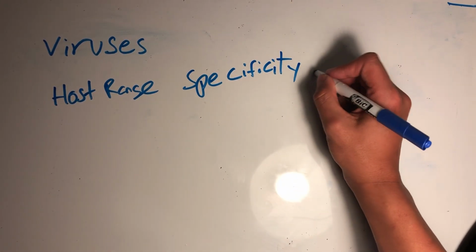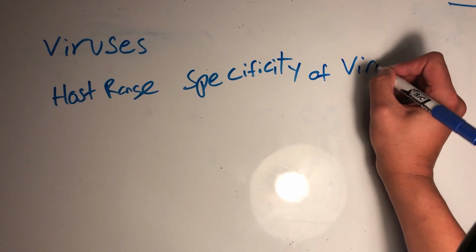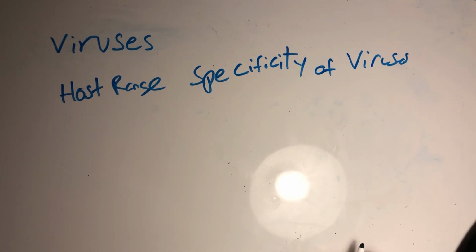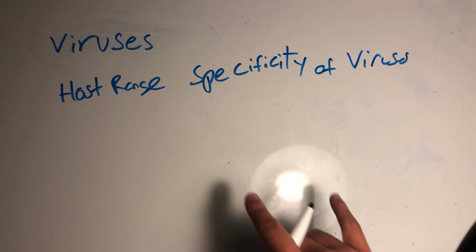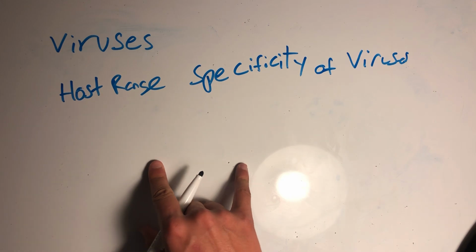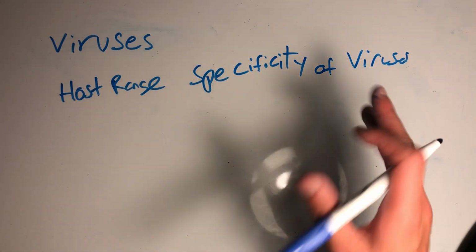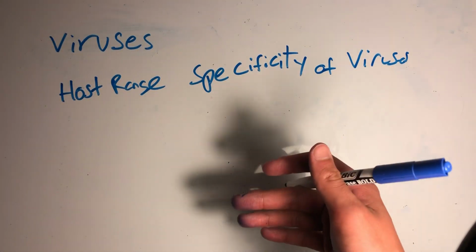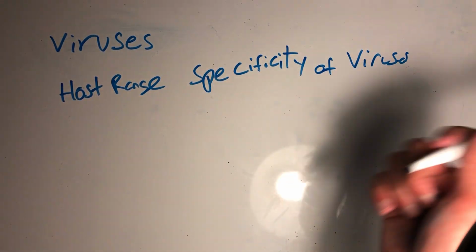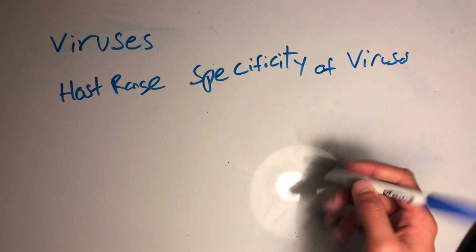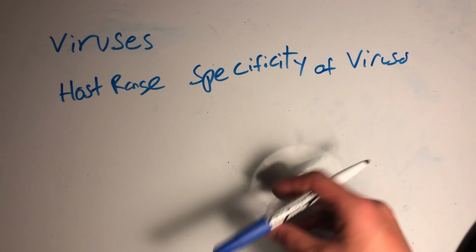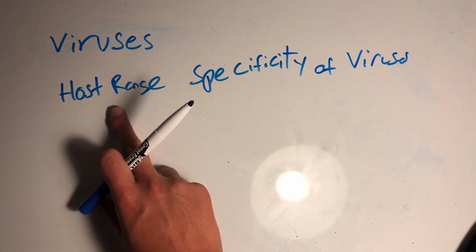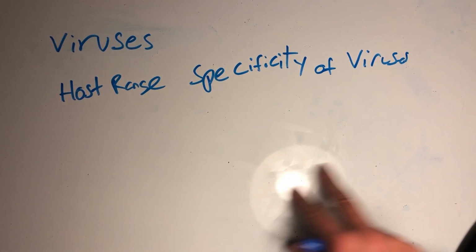Basically, host range is referring to what kind of host a virus can go into. For example, if you know about Ebola, and I'm not sure if I talked about this or not, I believe I have in a very old video, you can go check that out. I did talk about viruses. Basically, host range is what exactly the virus can attack.